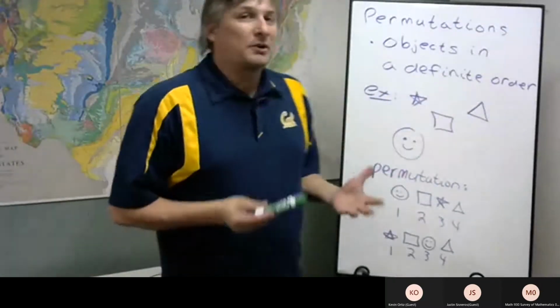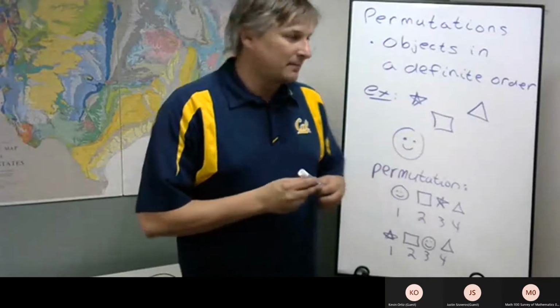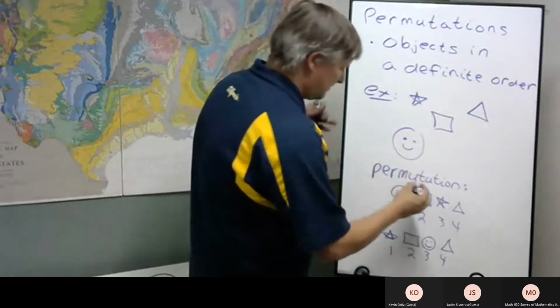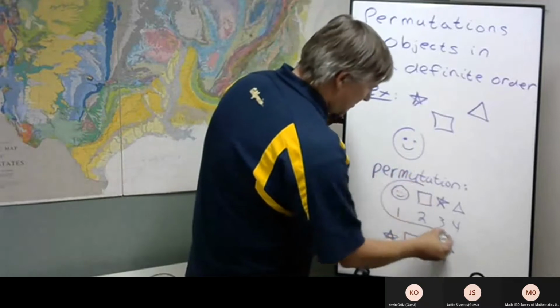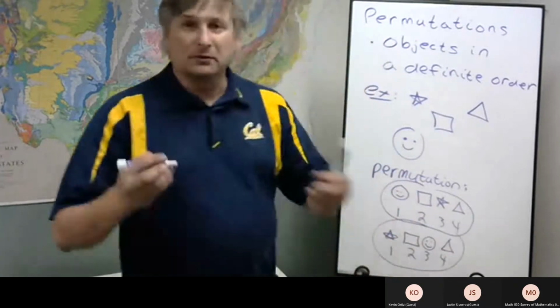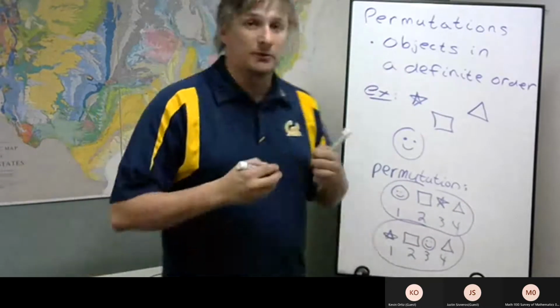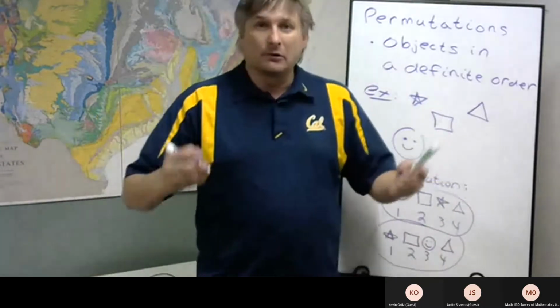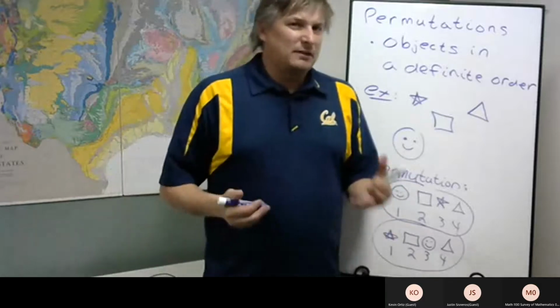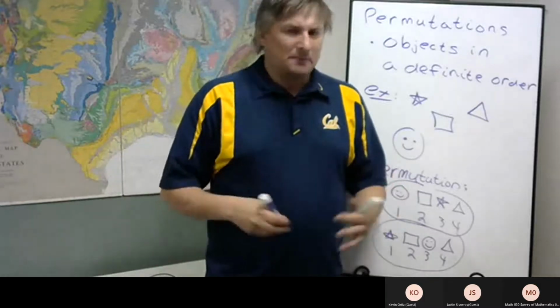So one of the questions we're going to ask tonight is, well, here's a permutation, here's a second. Are there other ones we could come up with? Well, certainly we could do one where there's a triangle first, or another one with a square first. We could do that. How many of these exist?